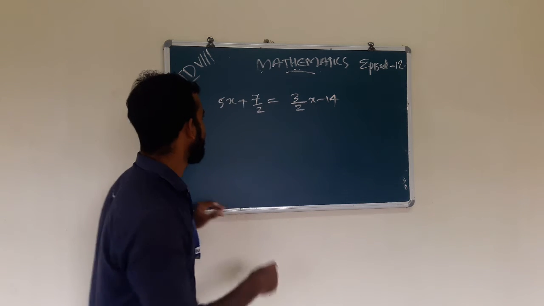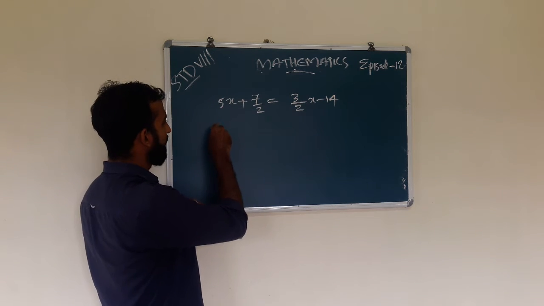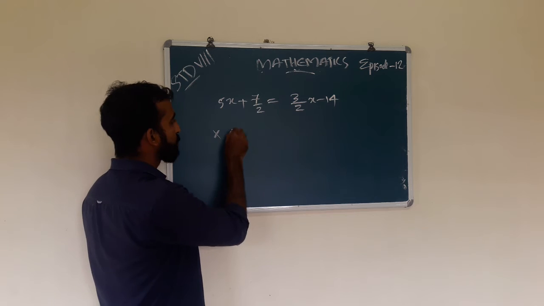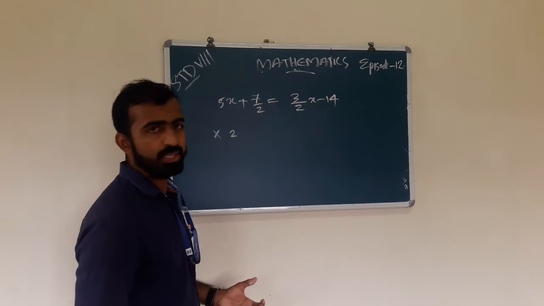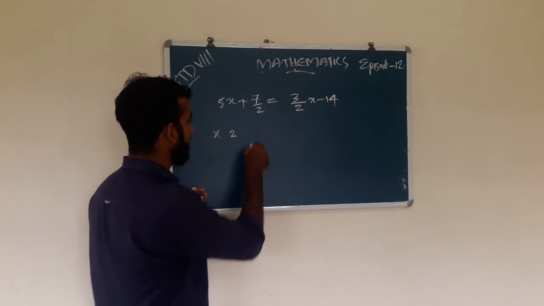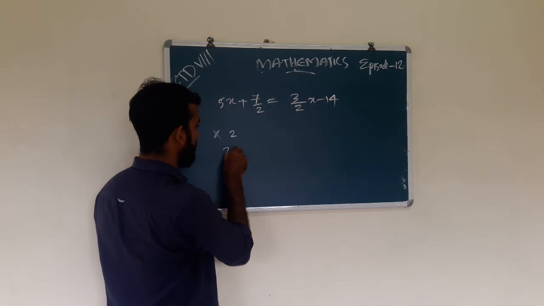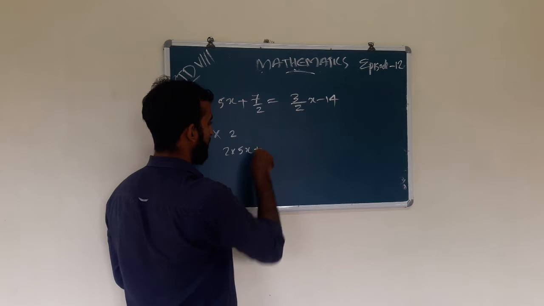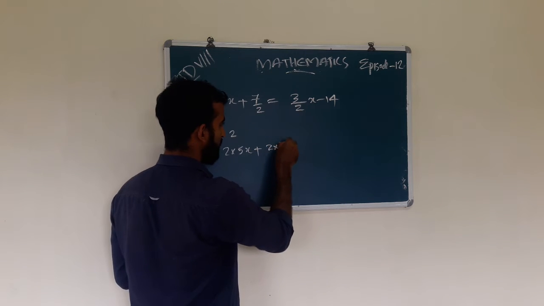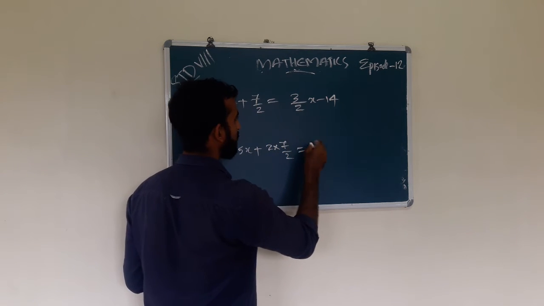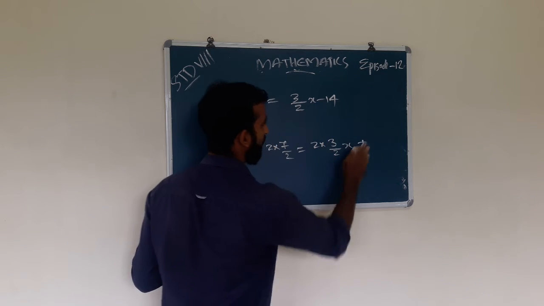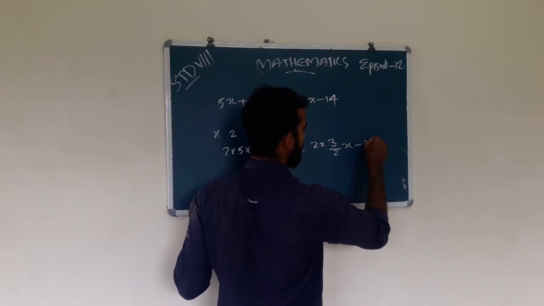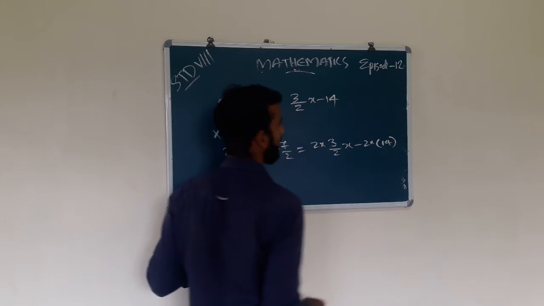Yes. Here, first multiply throughout the equation by 2. That is 2 into 5x plus 2 into 7 by 2 equals 2 into 3 by 2x minus 2 into 40.